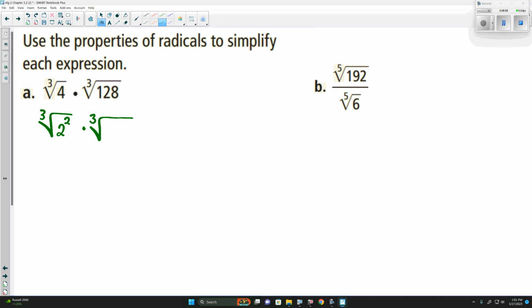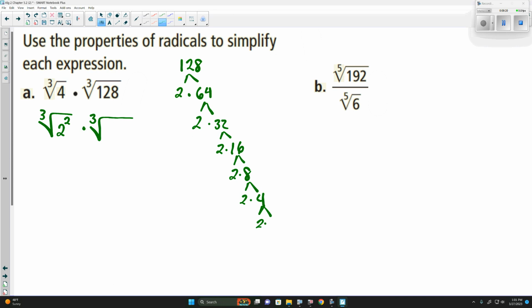Now 128, well, that would be what? 2 times 64. 64 is 2 times 32. 32 is 2 times 16. 16 is 2 times 8. 8 is 2 times 4, and 4 is 2 times 2. Well, we got 1, 2, 3, 4, 5, 6, 7.